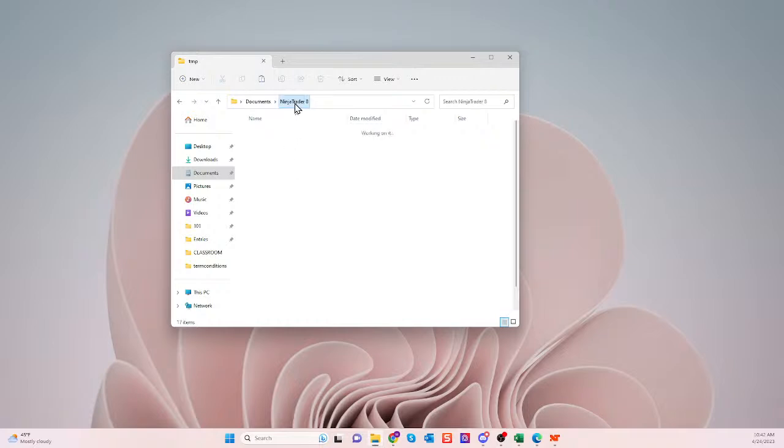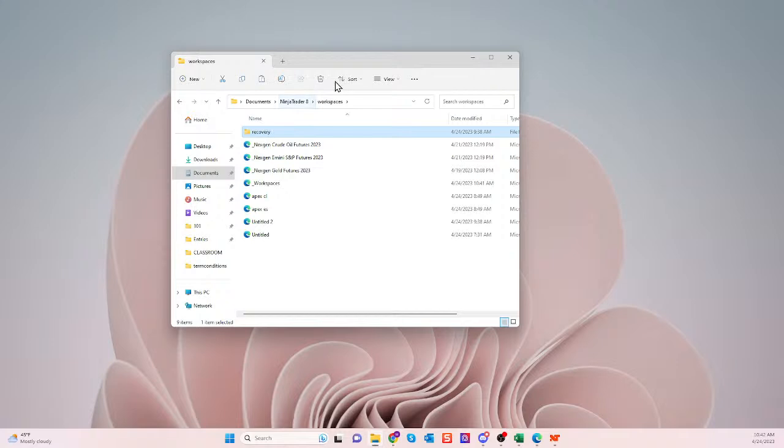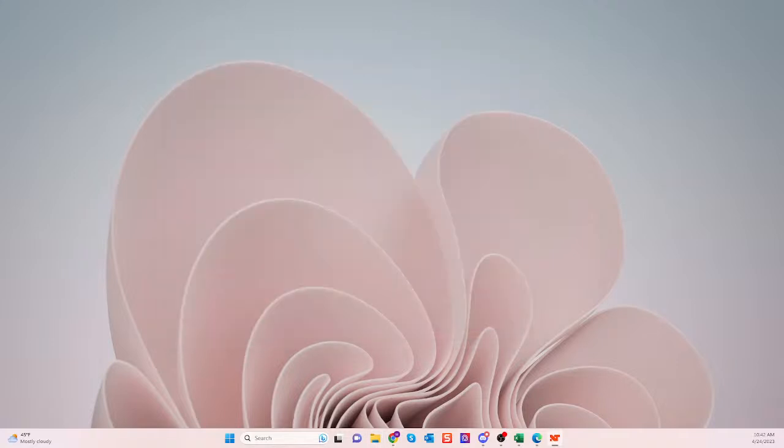Then we go back to NinjaTrader 8, go to Workspaces, and lose that recovery folder. And then I'm going to close this out, guys, and log back in. Whoops. I'm going to try to log in with my caps lock on, which rarely works. But that's how quick the process is once you've done it a couple times.